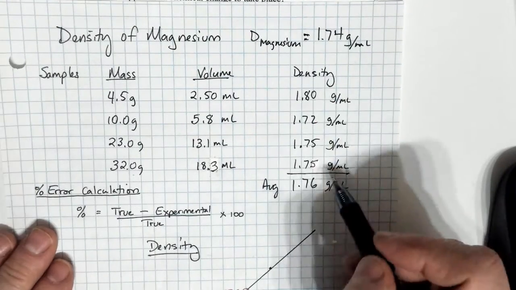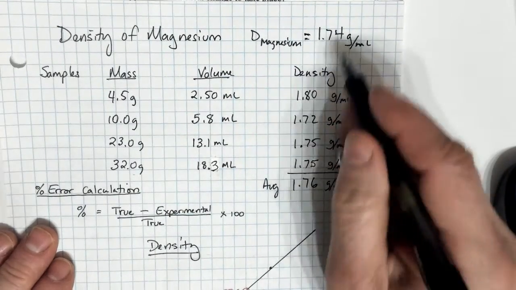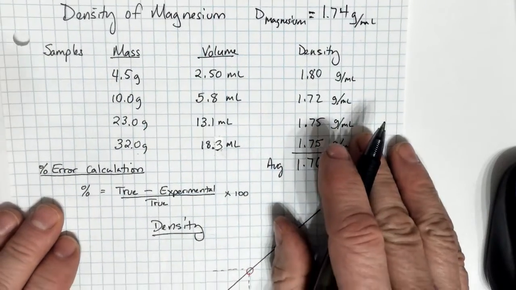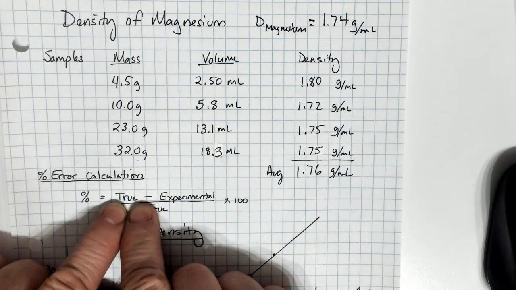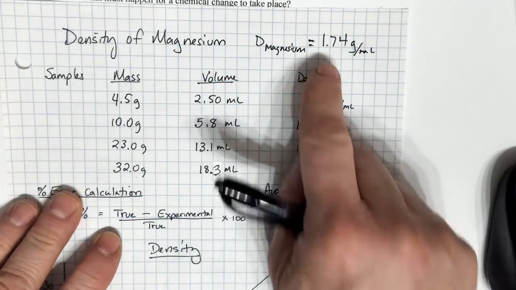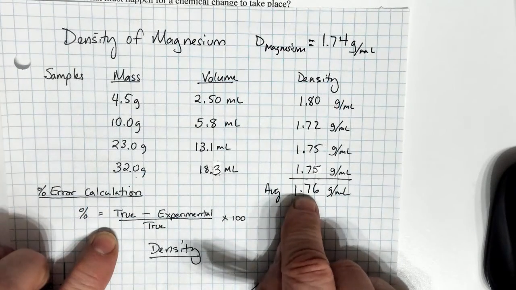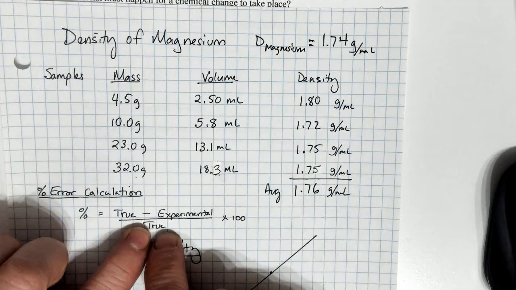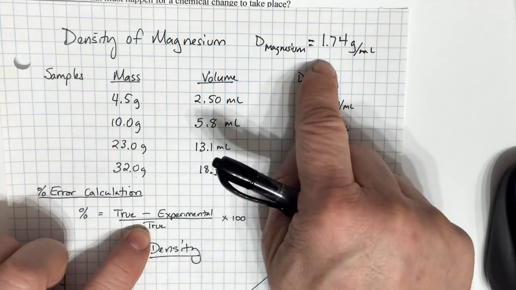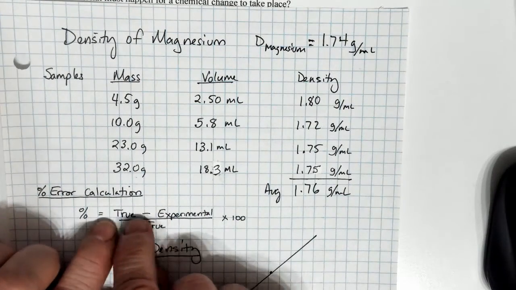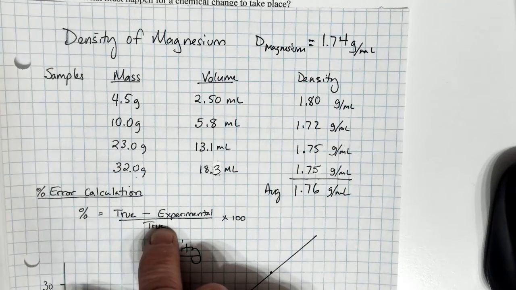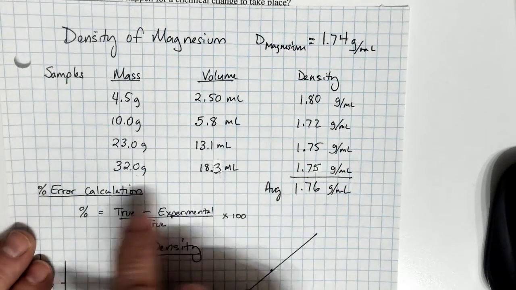But to find the error, you don't just subtract those numbers. What you do is you find the true value, and you subtract away your experimental value, but then you divide by the true value again so that you find out how far that little bit of error was off from the whole total. And then you times it by 100 to turn it into percent.